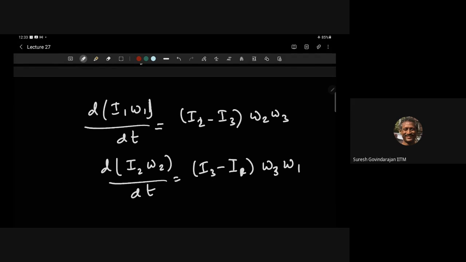Let me just make some small changes. Since I2 is equal to I1, wherever I see I2, I put I1.